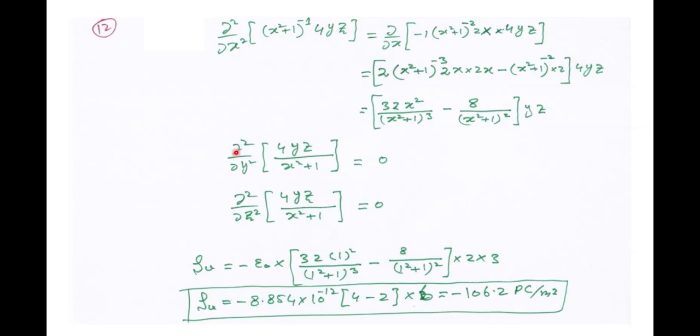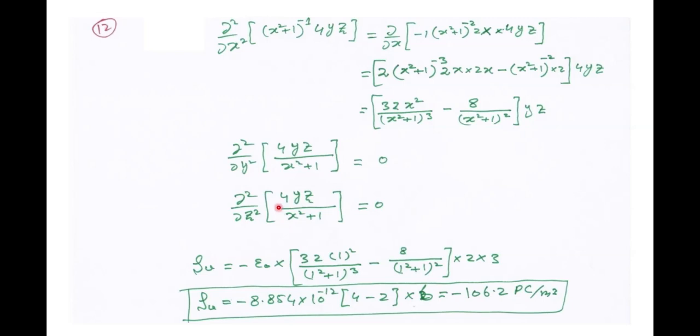When you apply partial by partial y a second time, you will have no variable, so the value of partial square by partial y square equals 0, because the differentiation of a constant is always 0.